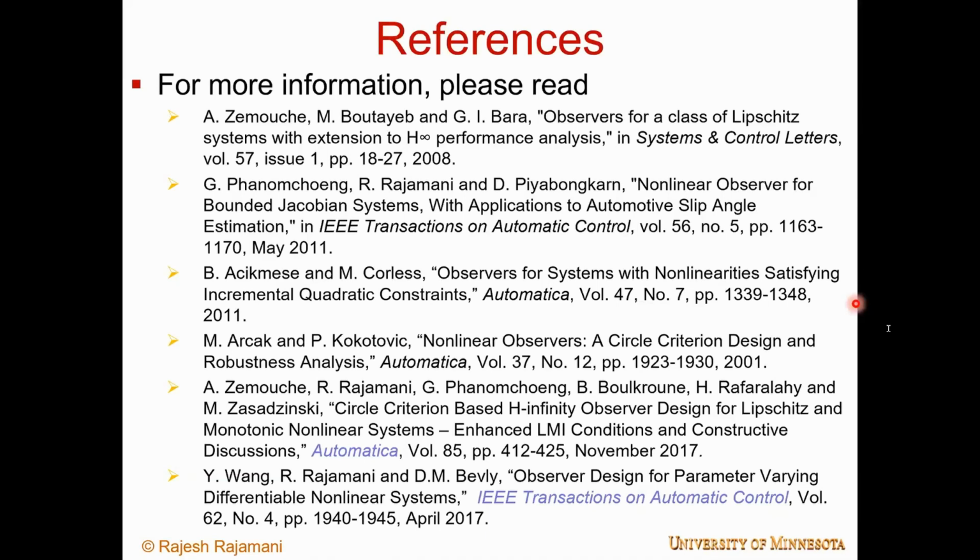So you can make the ratio between the norms of the estimation error and the disturbance small. You can do disturbance rejection, but you cannot make the error zero in the presence of a disturbance.